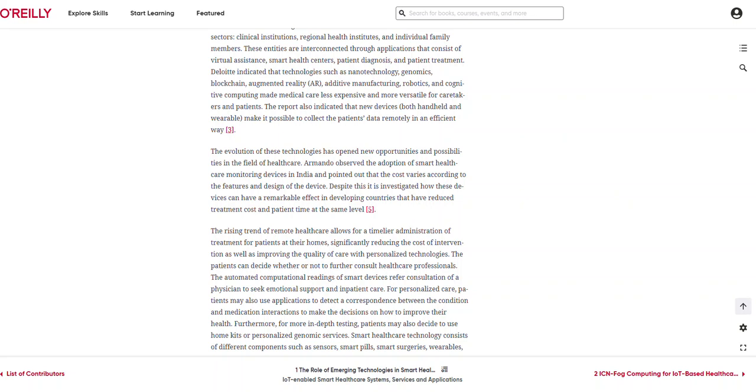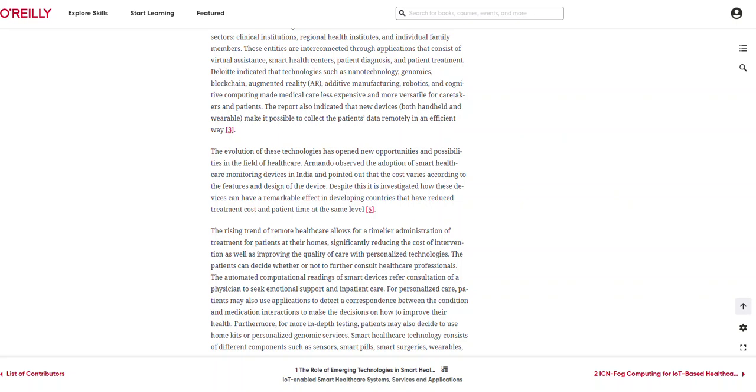So let's take a look at some core applications of IoT in healthcare, or the Internet of Medical Things. First, we have remote patient monitoring, or RPM. This is perhaps the most well-known use case. Devices like wearable ECG monitors, smart thermometers, pulse oximeters, and blood pressure cuffs allow patients to be monitored continuously at home.